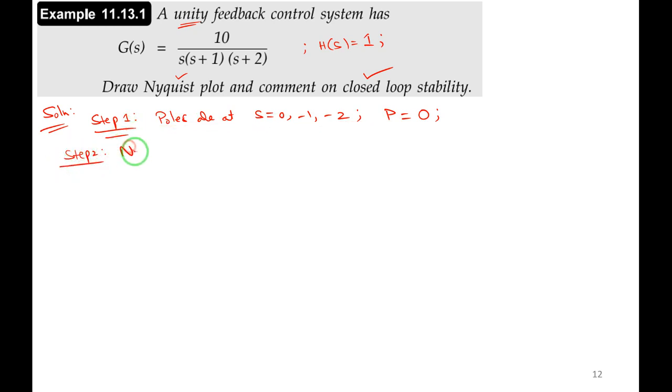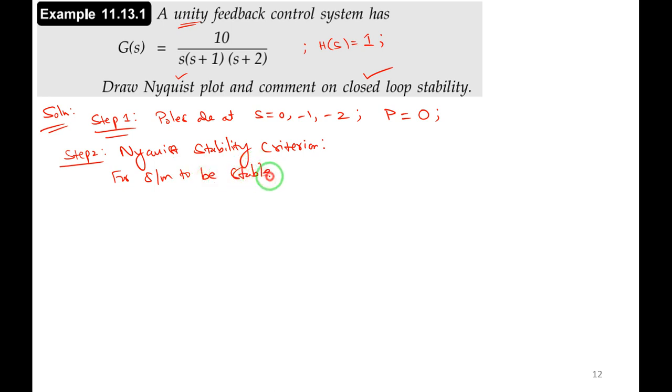Nyquist stability criterion. For the system to be stable, what should be the condition?